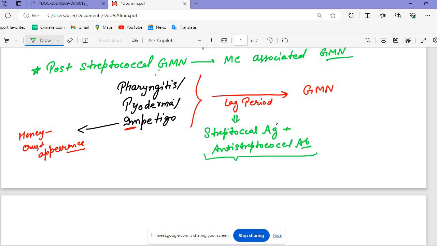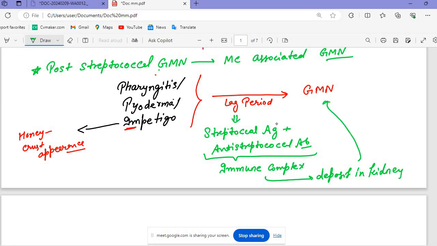So what are they making? Antigen and antibody complex, that makes the immune complex. Now this immune complex will deposit in the kidney, and it will cause glomerulonephritis.